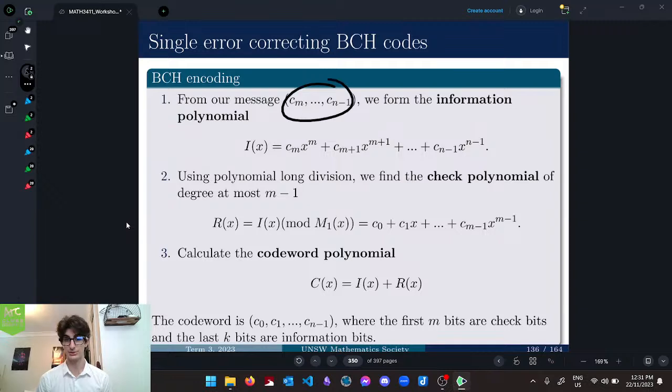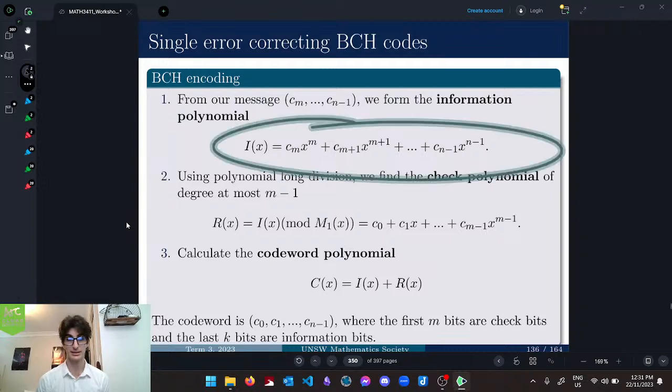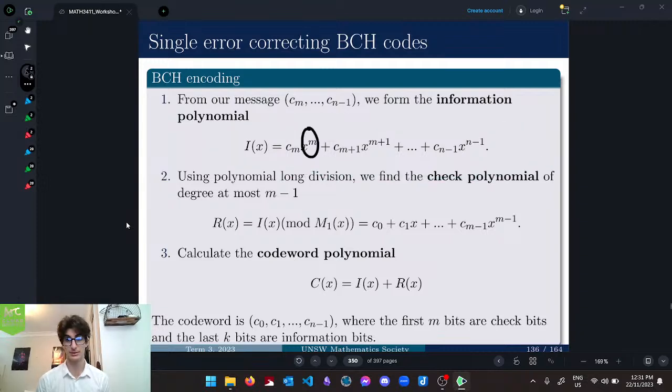So from our message, Cm through Cn minus 1, we form the information polynomial as is below. That is Cm x^m, Cm plus 1 x^(m+1), all the way through Cn minus 1 x^(n-1).